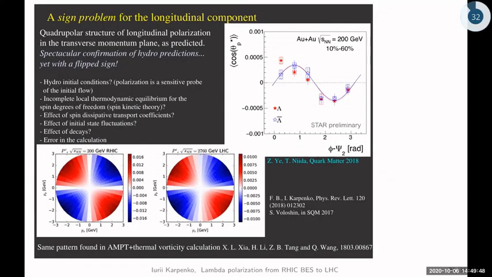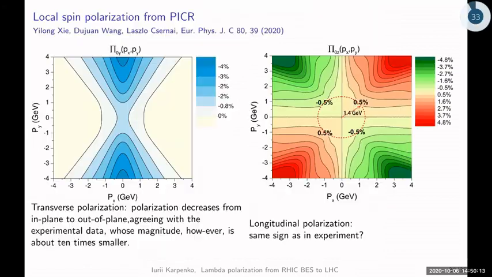Here I borrowed Francesco's talk from, I think, the next-to-last Quark Matter. There was already at the time a number of explanations which were drafted to explain this difference in sign between the polarization in the hydrodynamic model and the longitudinal polarization in experiment. And essentially after that, yeah.